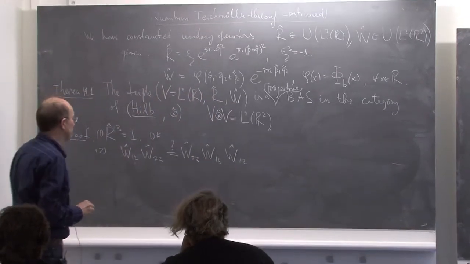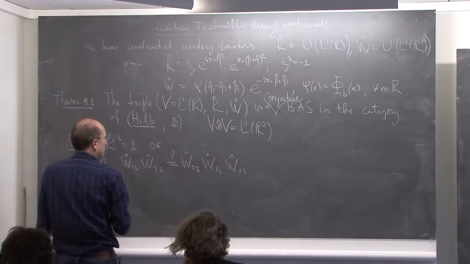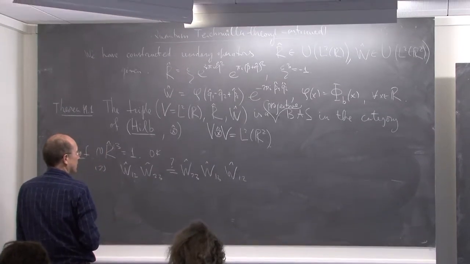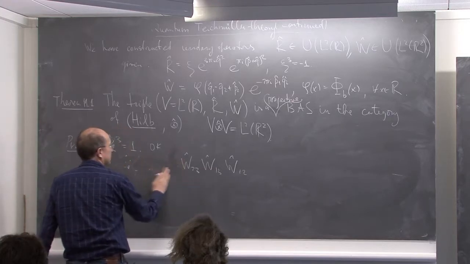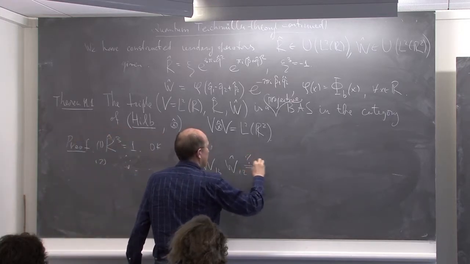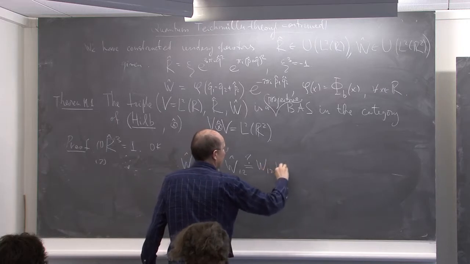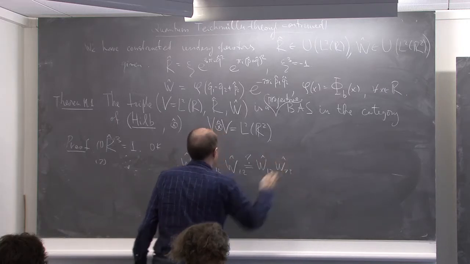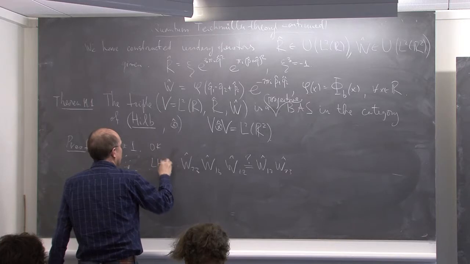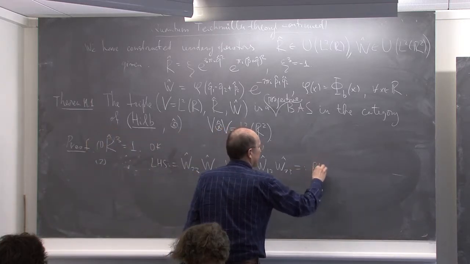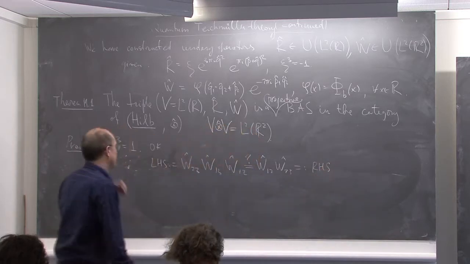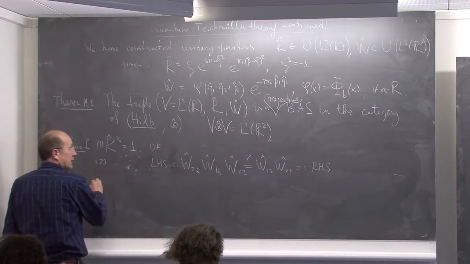So let us try to substitute. Let me exchange the left-hand side, right-hand side. So W12 W23, let us call this the left-hand side. So let us start with the left-hand side.